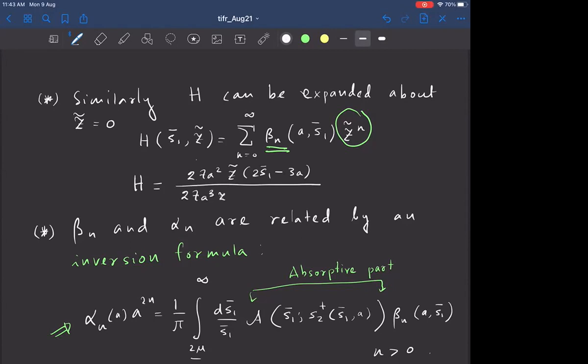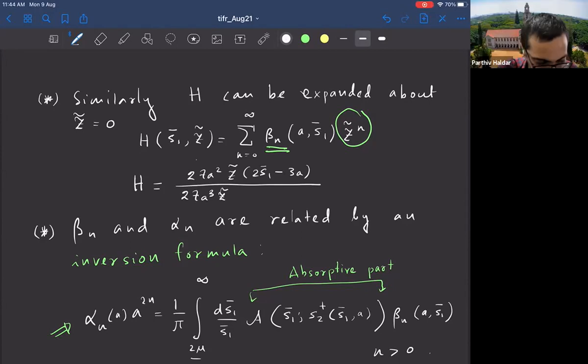Rather than presenting it like this, you can just focus on the Z tilde dependence. Z tilde is simply a Mobius transformation of the Koebe function. Maybe that is easier. It can still be written in this form.